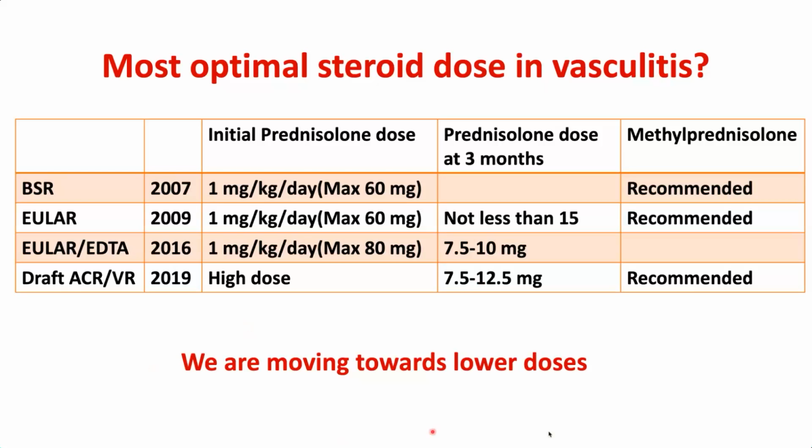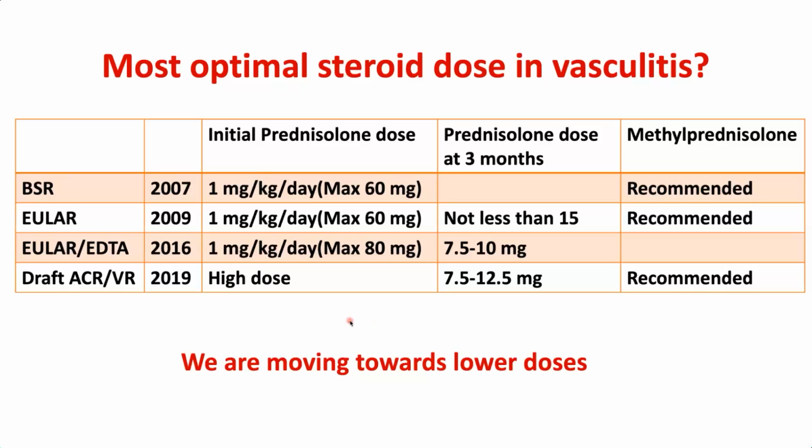But one thing which is very important, and which you have to register in your mind, is that we are definitely moving towards lesser doses, and even trials are on, where in vasculitis research people are looking at 0.5 milligrams versus 1 milligram and what would be the outcomes. Japanese studies are on, and we are also realizing now that steroids are a bigger cause of infection than some of the drugs that we use.